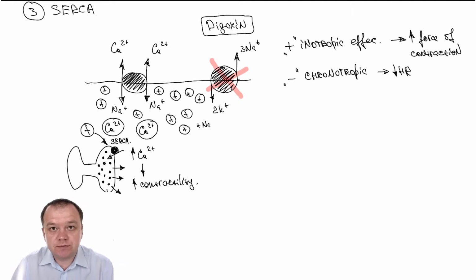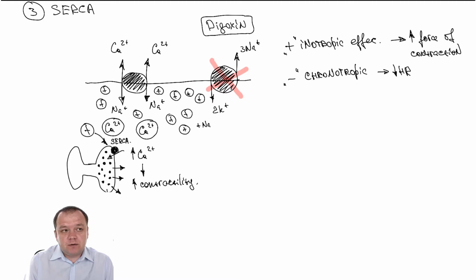Because in response to increased force of contraction, with help of baroreceptor reflex mechanism, we have increasing in nervous vagus tone, and we have decreasing in heart rate. This is the one way how it's possible. And second way, digoxin produces vagomimetic action.